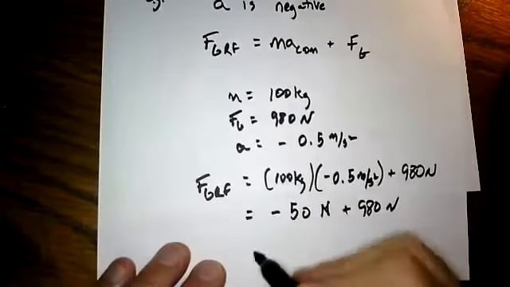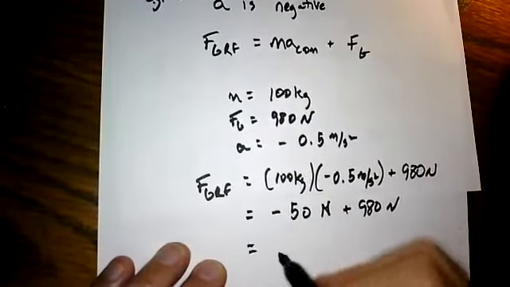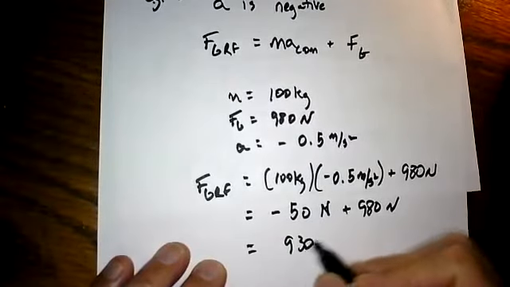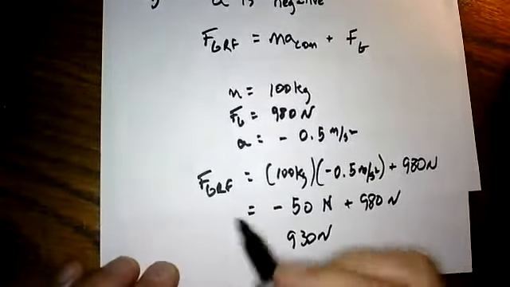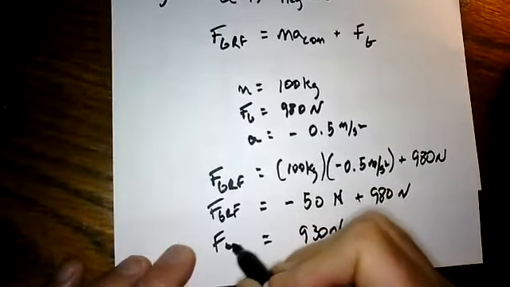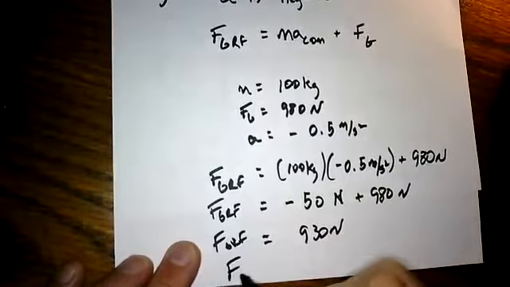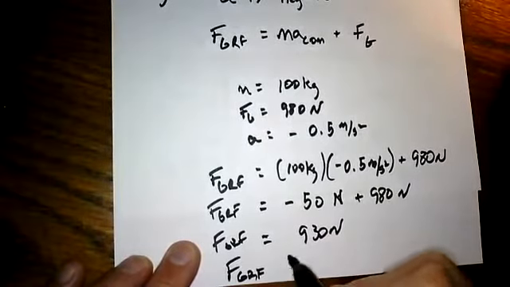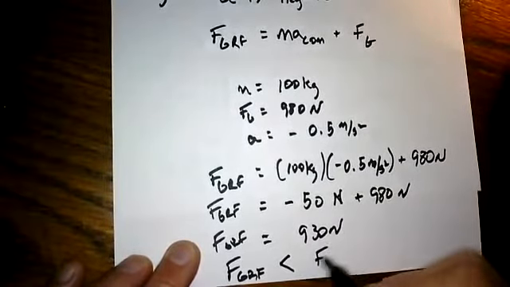Just following our math, 980 minus 50 is 930 newtons. So F_GRF is less than F_G.